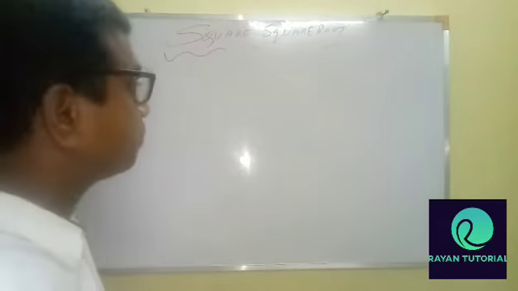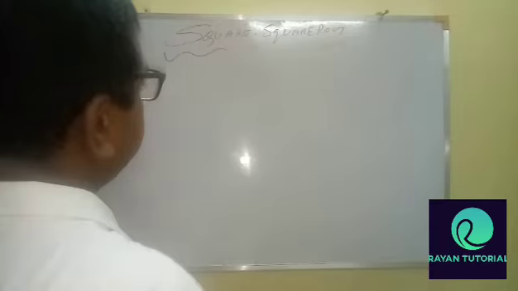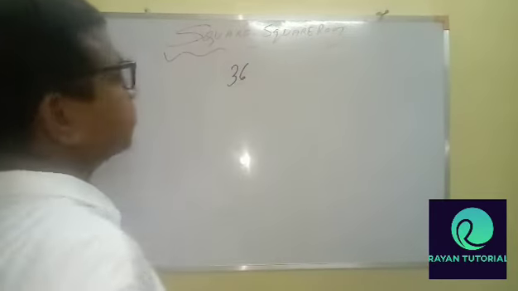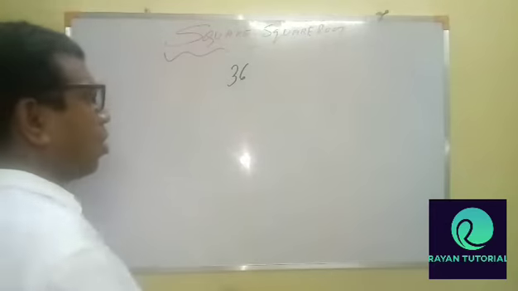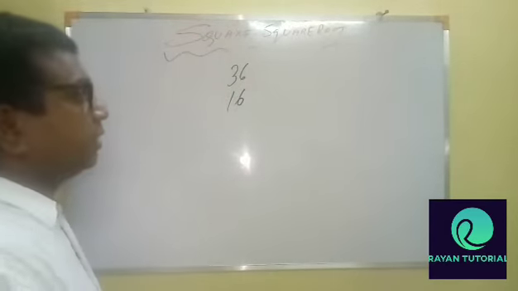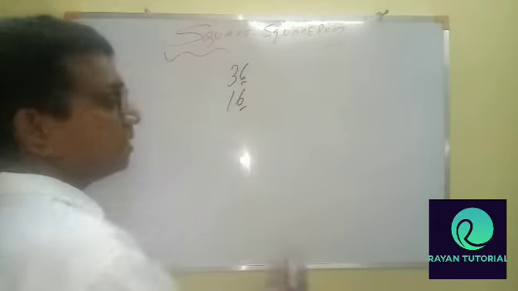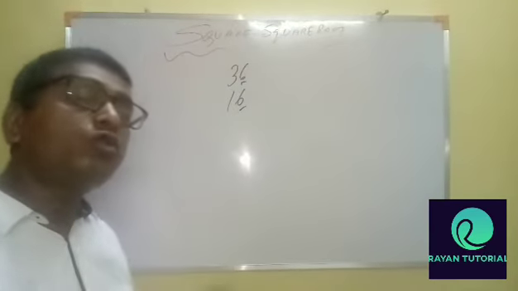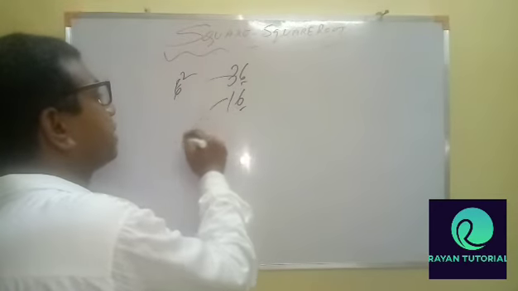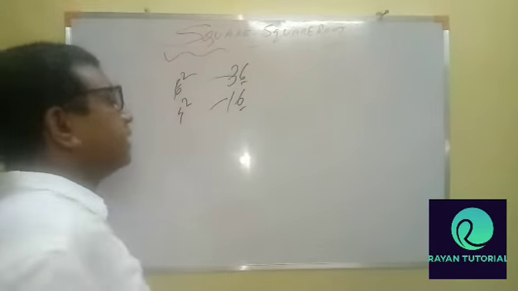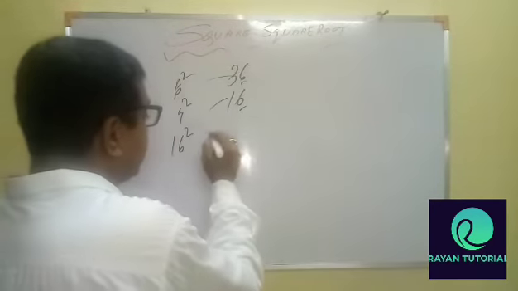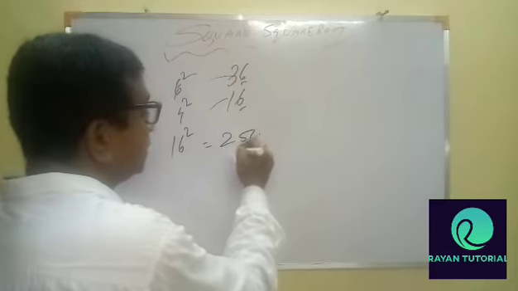Suppose I told you that 36 or 16 is a perfect square number. Now the ones digit is 6. So whose last digit is 6? 36 means 6 square, 16 means 4 square. Even if you say 256, it's 16 square.